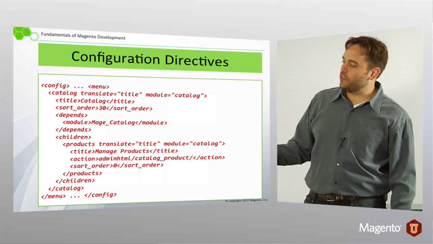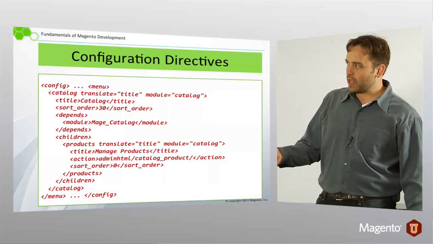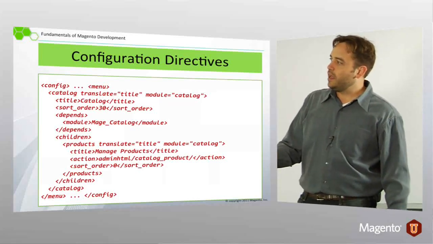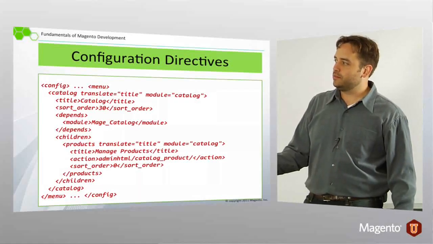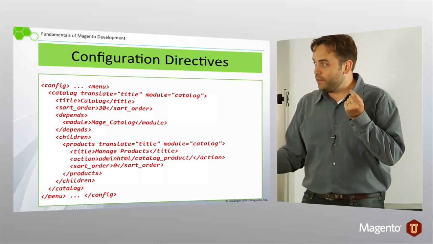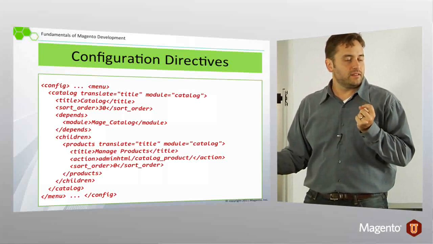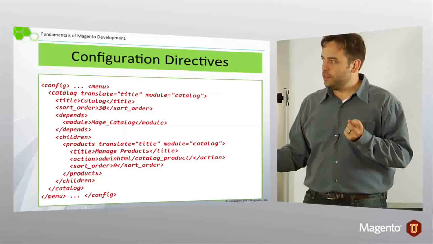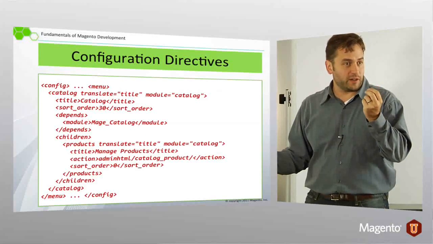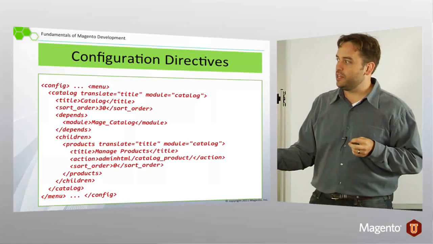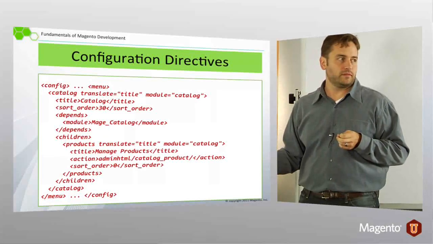So what happens here in this child node is, well, we're declaring a title, and we're calling this action. We're saying this is the link that this title should go to. So in this case, Adminhtml catalog product.